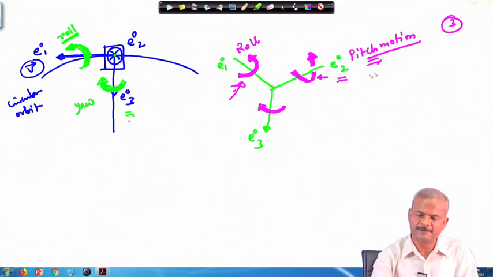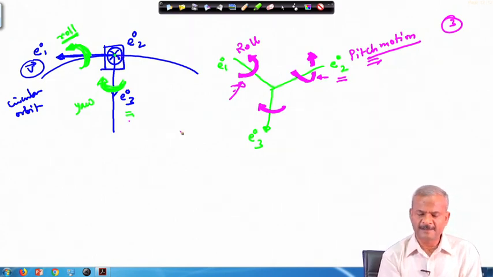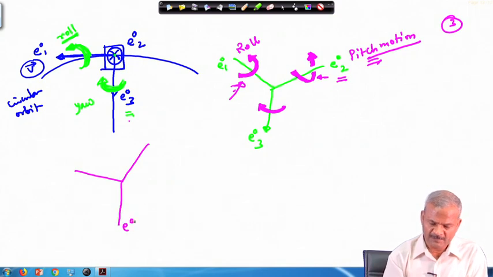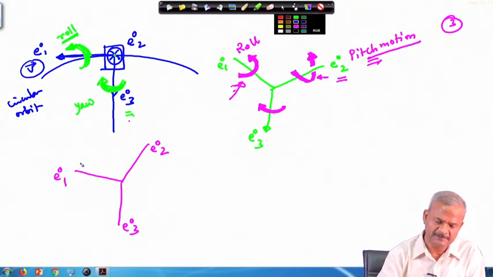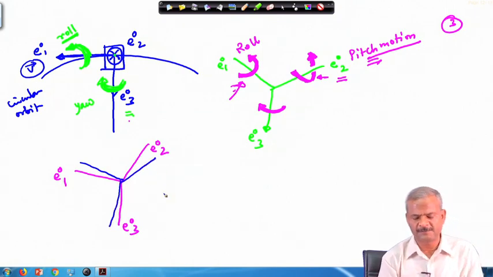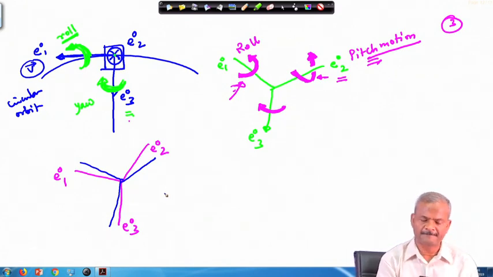So, for this pitching motion equation, the body is slightly perturbed from the orbital axis system E 0 3, E 0 2, E 0 1. It is a little bit of perturbation, not large. Here it is looking large, but these angles are small, so that the linearization remains valid.